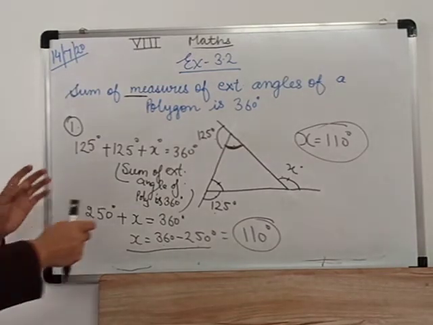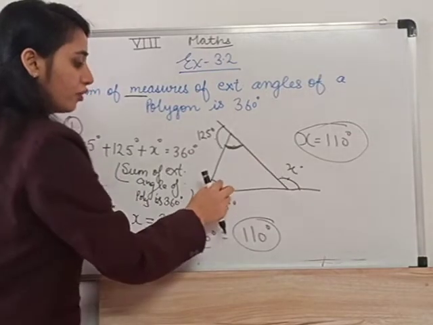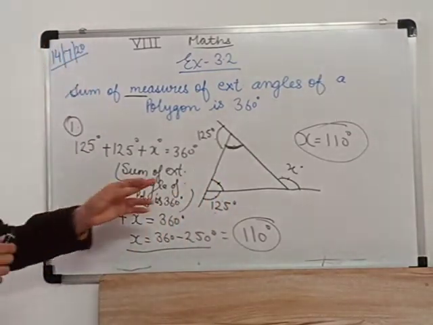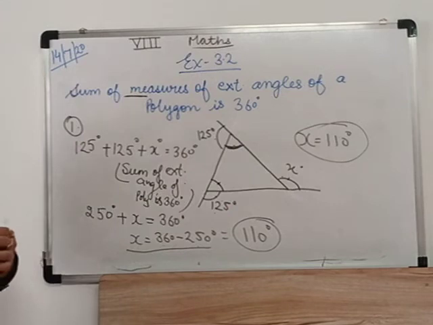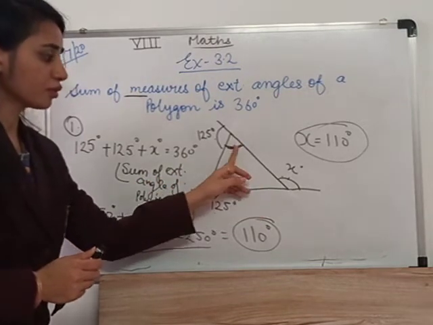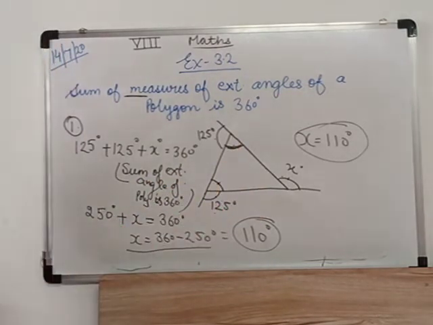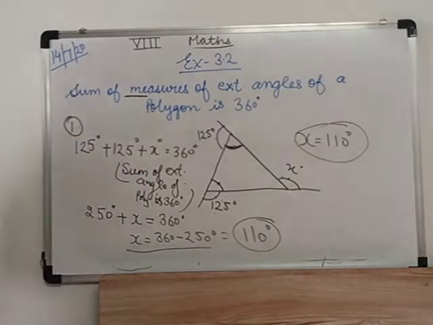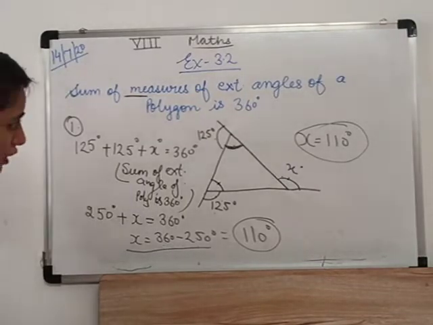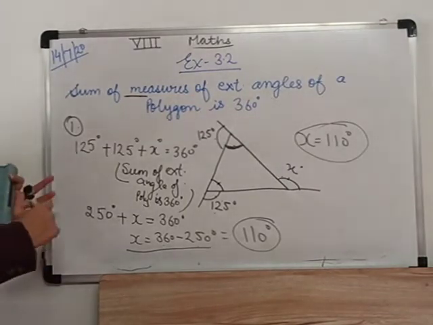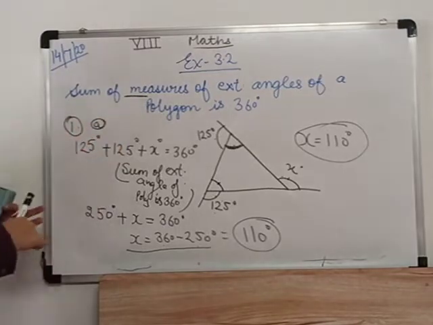That means an exterior angle is equal to the sum of both interior angles that lie opposite to that exterior angle. Understood? So you can use this simple method for solving this question. Now, this was the A part of question number 1.